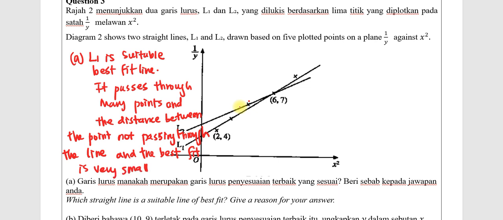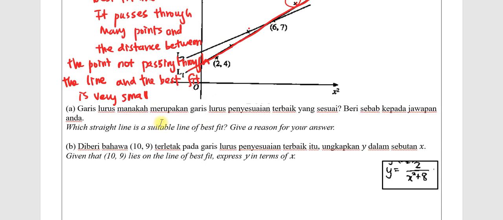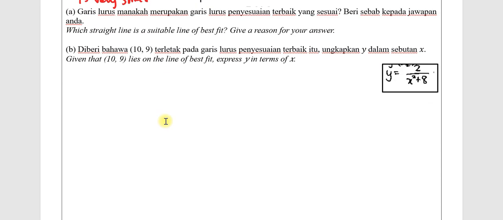That means, for example, if you see the L1, it passes through like this, right? The point that is not touching the best fit is this one, right? And you see the gap between this point and the best fit is very small, right? That is also one of the important characteristics of best fit. Must mention both of the points. Okay, next one.